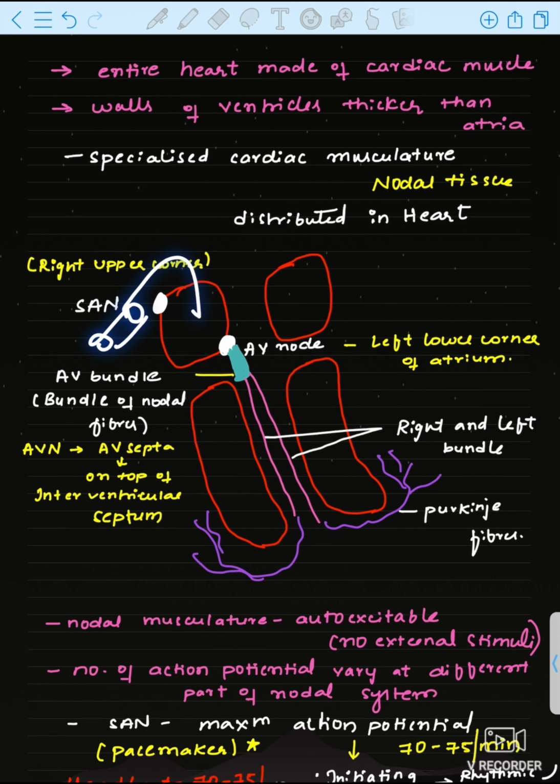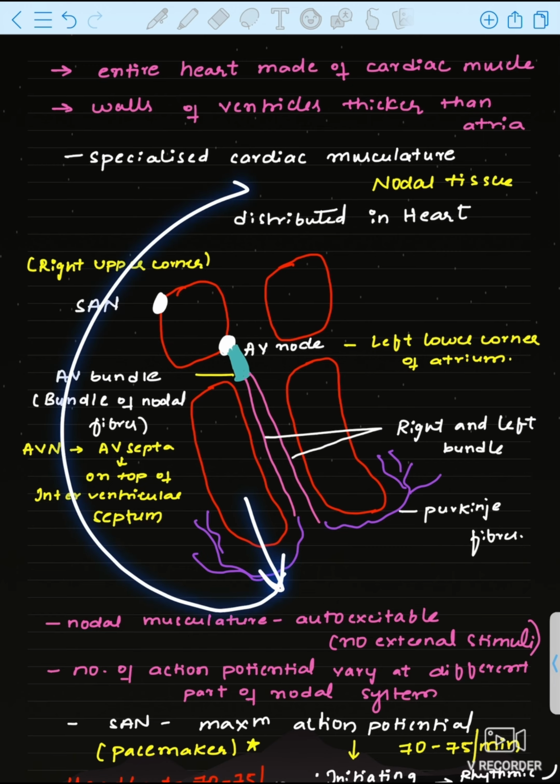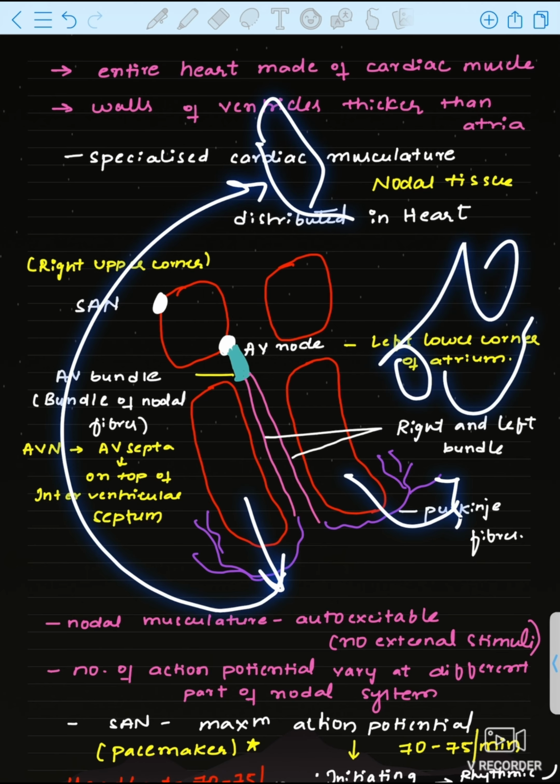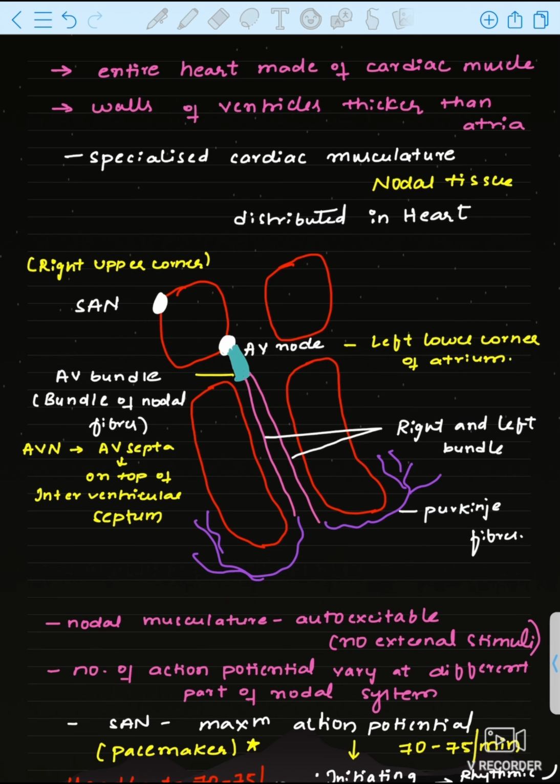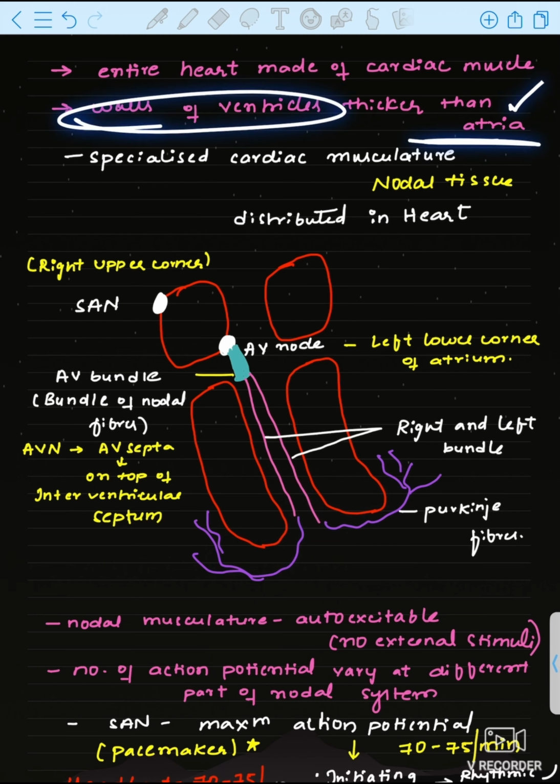Blood will flow into the atrium and from the atrium into the ventricle, and it should supply blood to the lung and to the tissues, right? So this requires more energy to pump the blood. Ventricles require more energy to pump the blood. That is why walls of ventricles are thicker than atria.